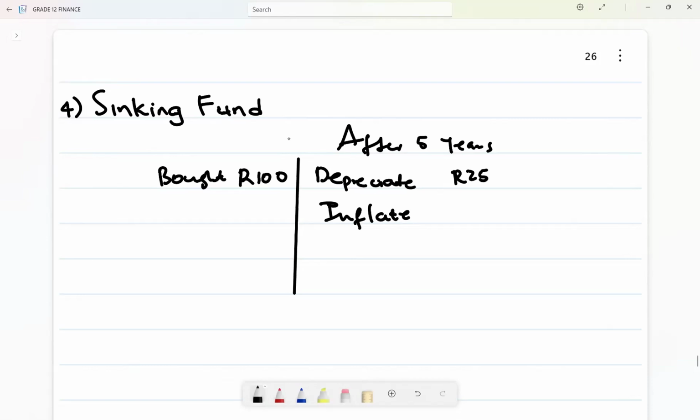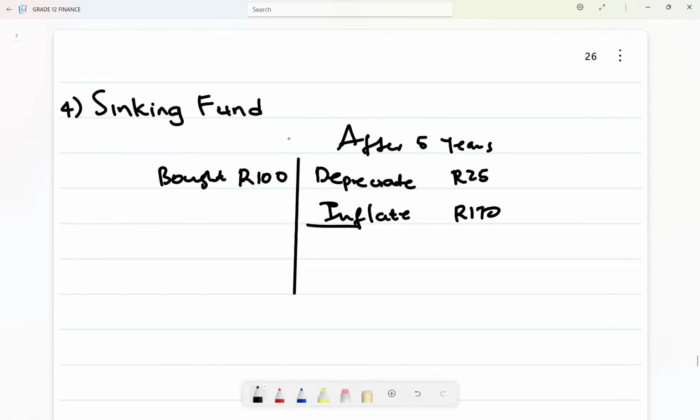So that's what we refer to as inflation. Similarly, the very same laptop that you bought for 100 rand, after 5 years will be worth maybe something like 170. And then you will need to replace that laptop with a new one.